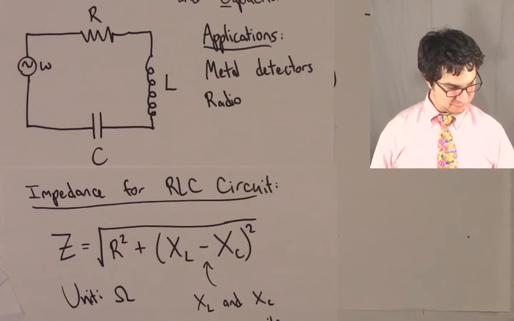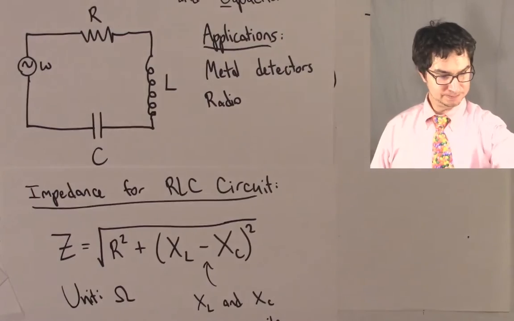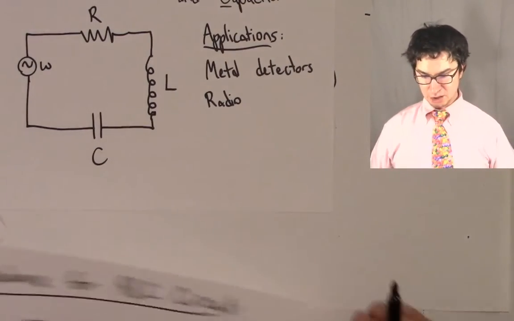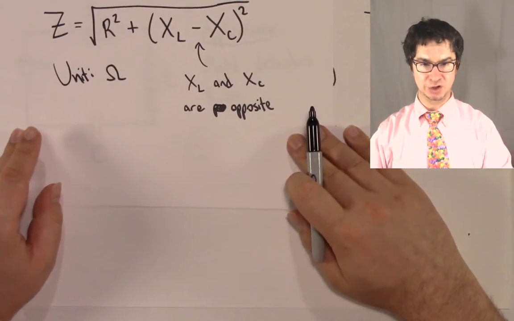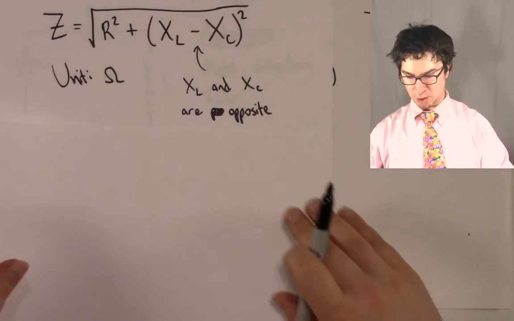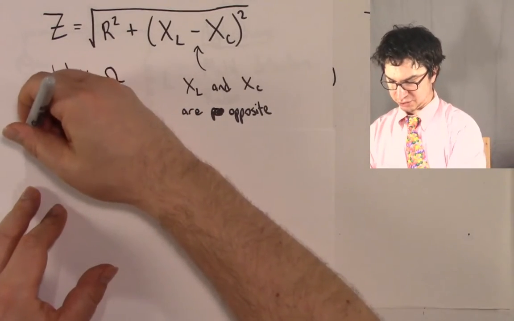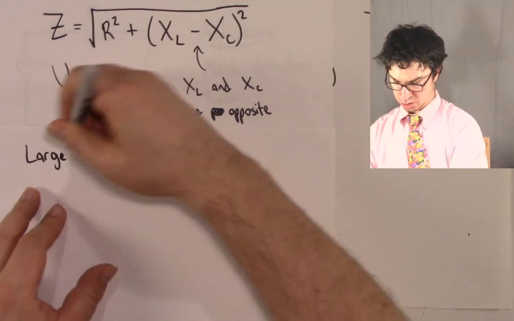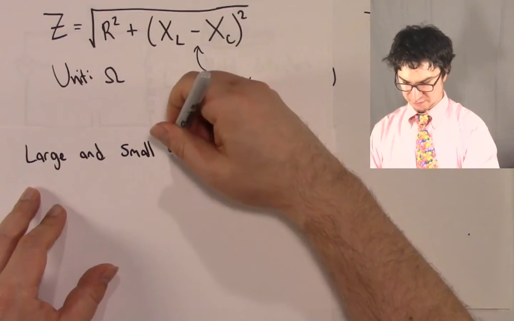All right, very good. Let's take a moment here and analyze what happens if we take this equation and we look at large and small frequencies. So check this out. Let's title this section Large and Small Frequencies.